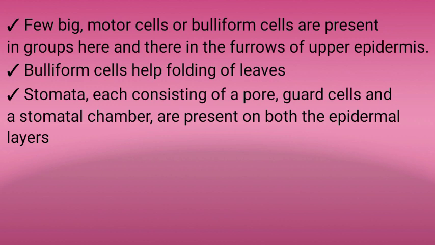This type of condition is called amphistomatous, which means stomata are present in both upper epidermis and lower epidermis. Here you have to remember, a few big motor or bulliform cells are present in the upper epidermis of monocot leaf. These bulliform cells help in folding of leaves.